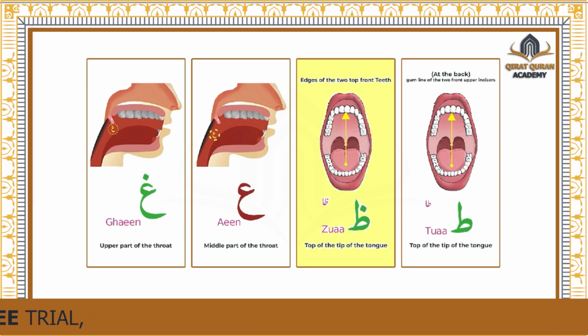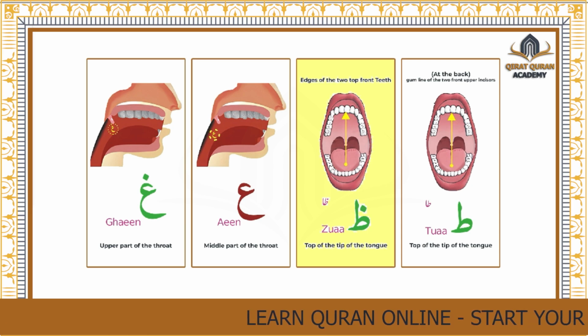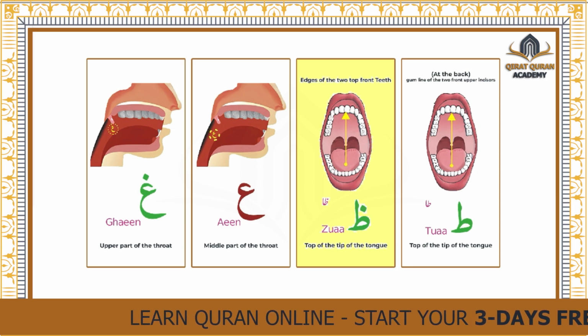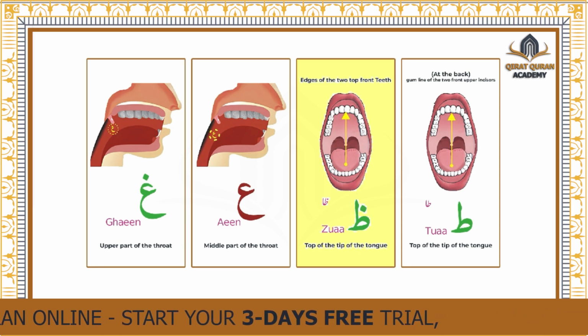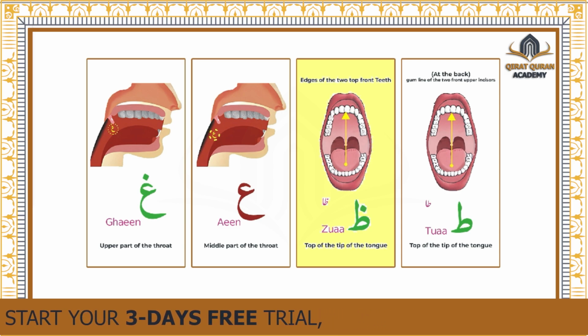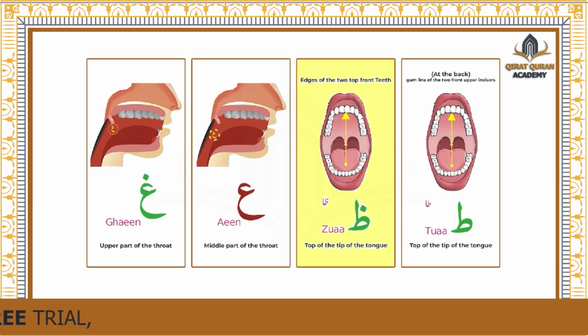In the case of Thaw, we will read it with heavy sound that remains in the mouth, but when we read the other two soft letters, the sound spills out, because they are only soft letters, not bold letters.